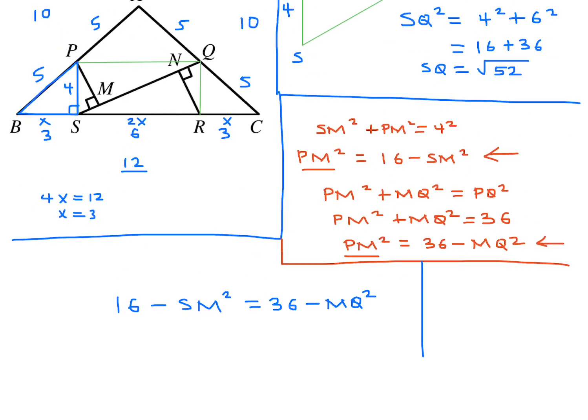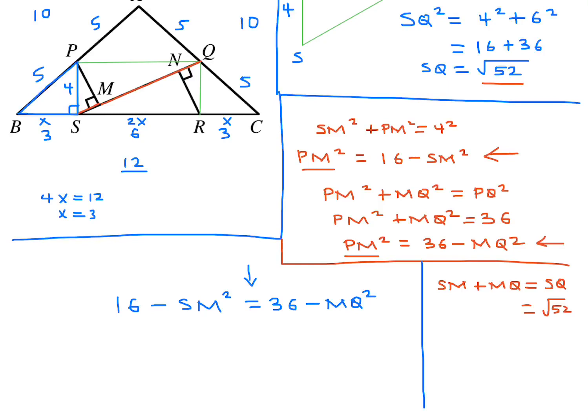Now, before I continue with this equation, we have to get this in terms of one variable. But look at the relationship between SM and MQ. Here's SM. Here's MQ. What is the relationship? Well, SM plus MQ is equal to SQ. Correct? And SQ, we figured out up there was root 52.